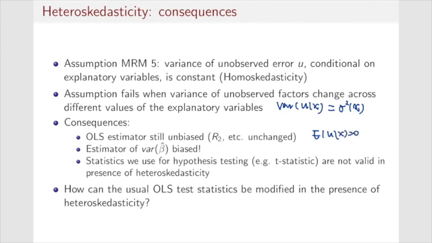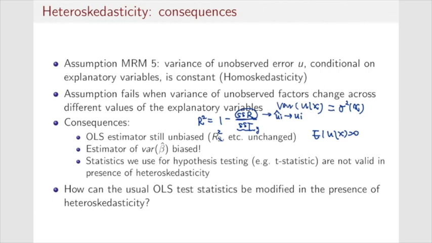Also notice that the R square will be unchanged because R square is 1 minus SSR divided by SST. The denominator depends on the observation of y, and for the SSR, as long as the OLS estimators are unbiased, the residuals u_i hat are also unbiased for the error term u_i.